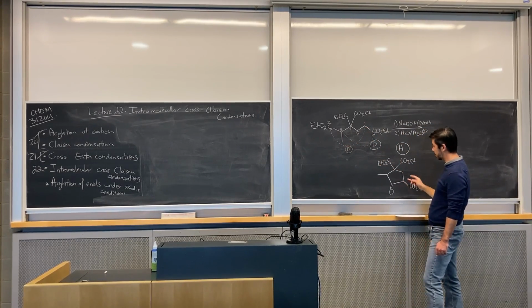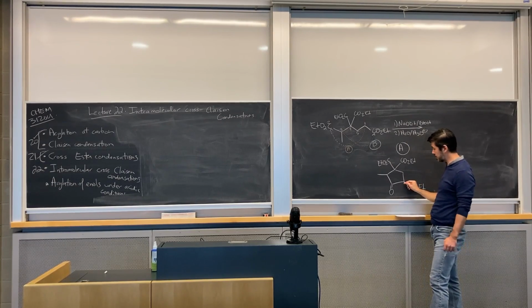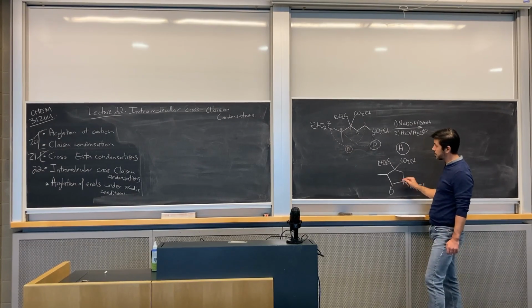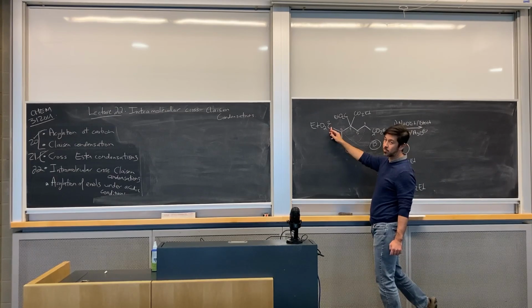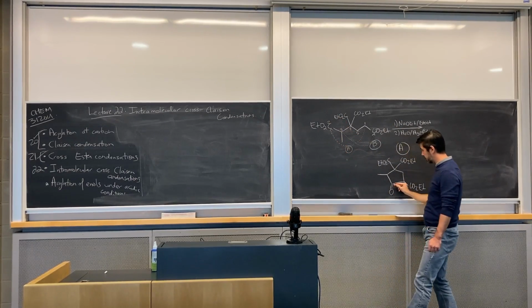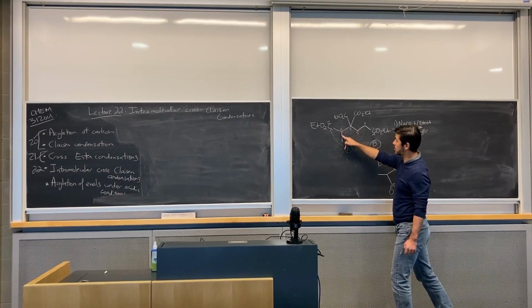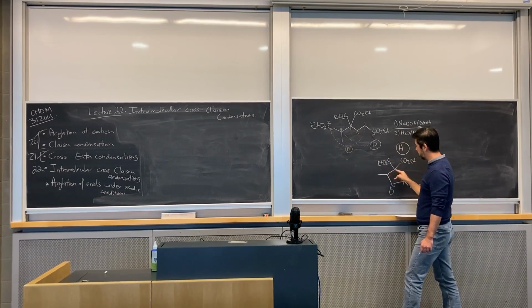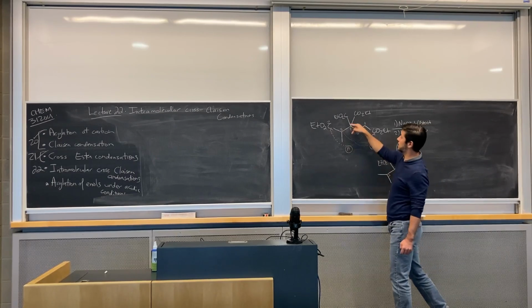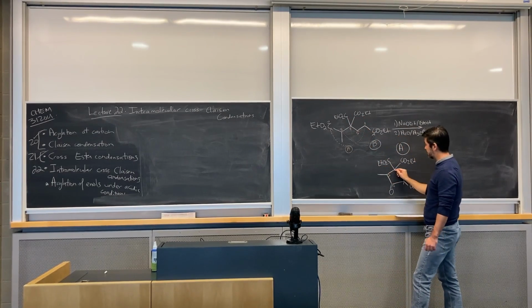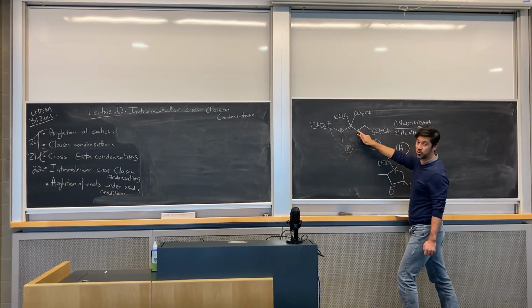Okay, so the carbon that reacted, the enolate was here. All right, so that's 1. This is an ester, but once the tetrahedral intermediate comes up and then comes back down, you're left with a ketone. That's 2. 3 is this carbon with a methyl group. 4 is this carbon with these 2 esters attached to it, and then 5 is this bridging carbon.